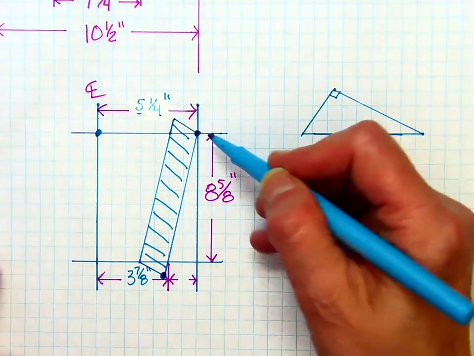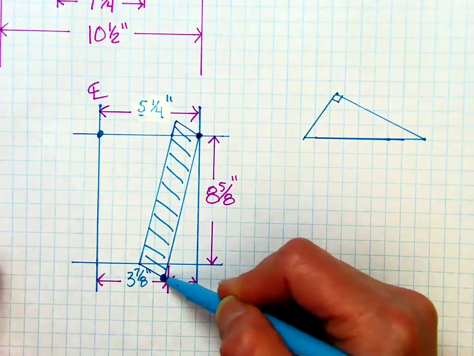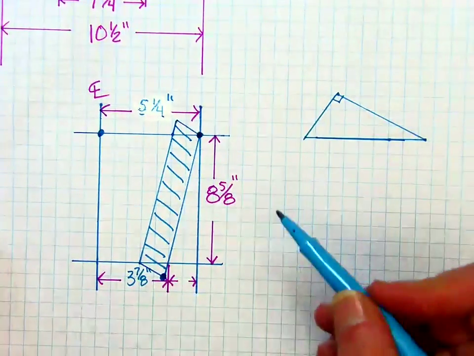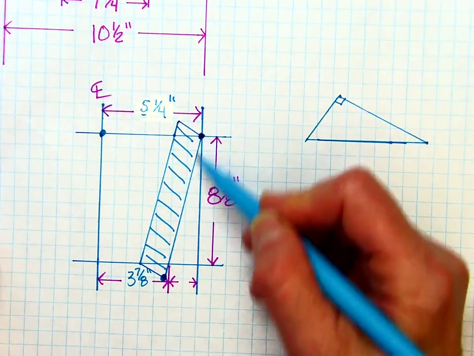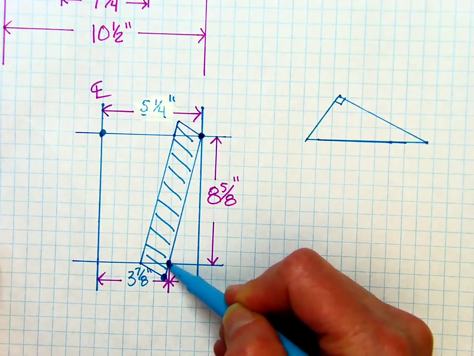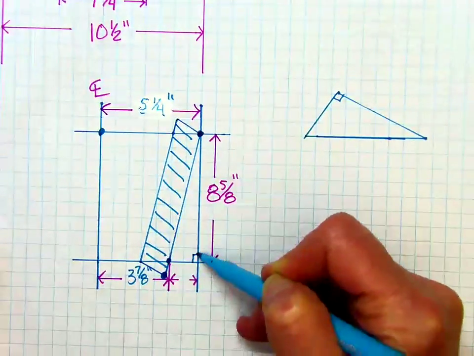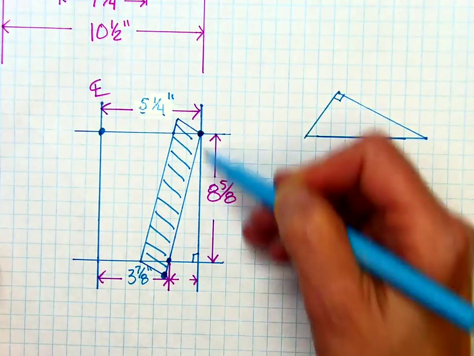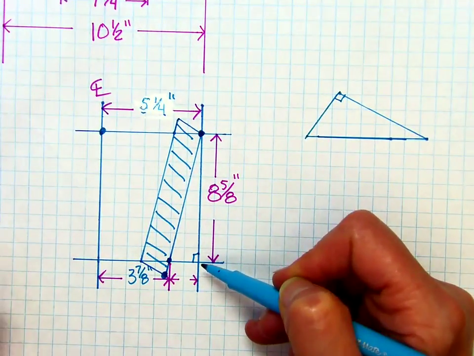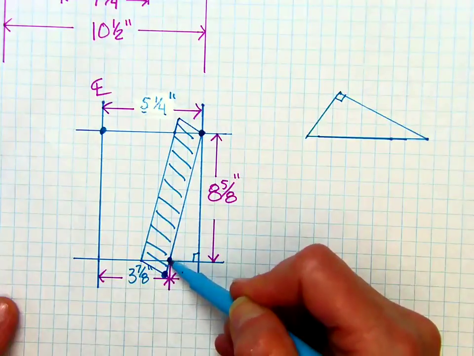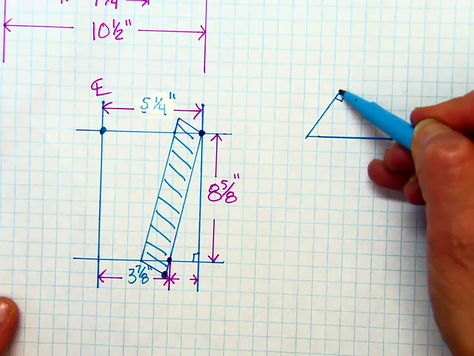Let's look at this length. It entails two parts. We have this large hypotenuse of this triangle, which represents empty space, by the way. And then we have the short side of this triangle here.